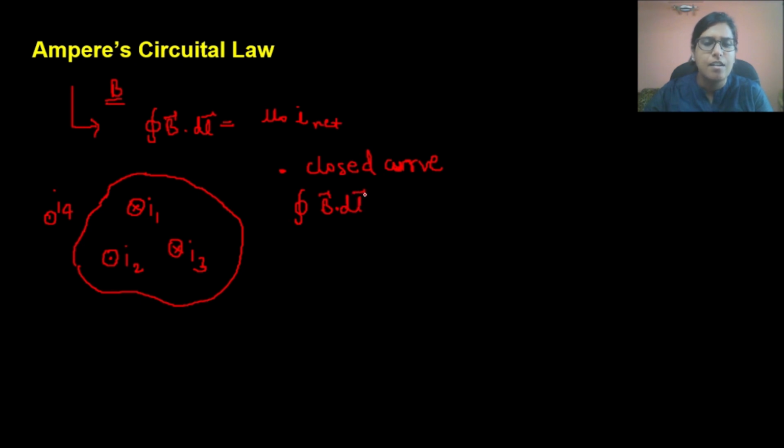dl is the line element, that means we take an element around this closed curve and the length of this element is dl. Suppose it is in this direction, then B dot dl will be written like this: mu naught times minus I1 plus I2 minus I3, right?